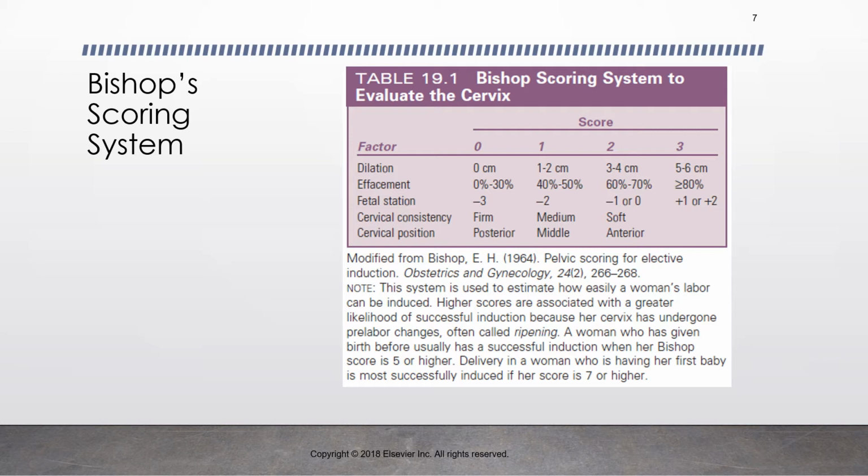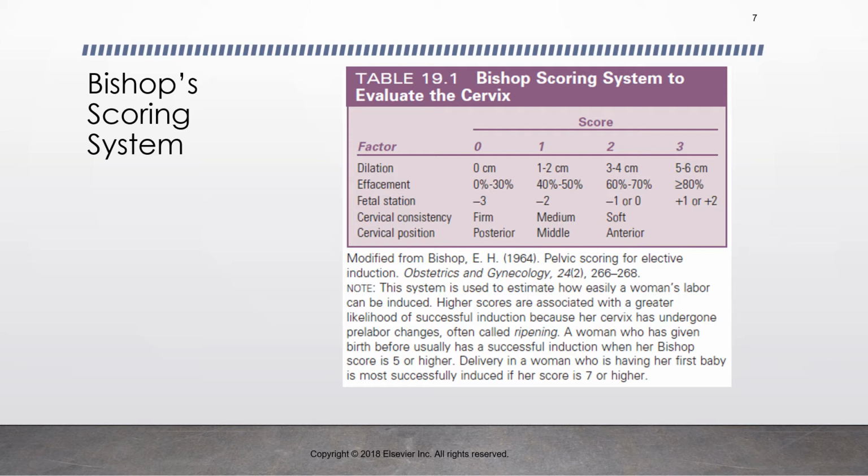We also have a score here to determine if the cervix is ready or ripe for other types of chemical agents that we can use to stimulate labor and cervical dilation and effacement. We use something called a Bishop's score.